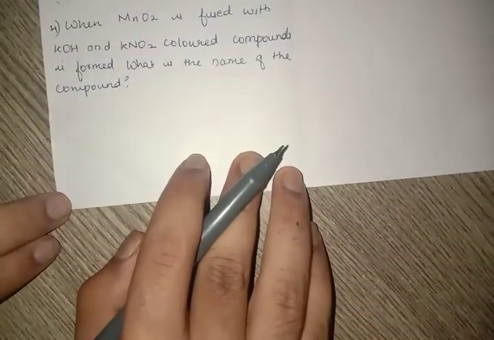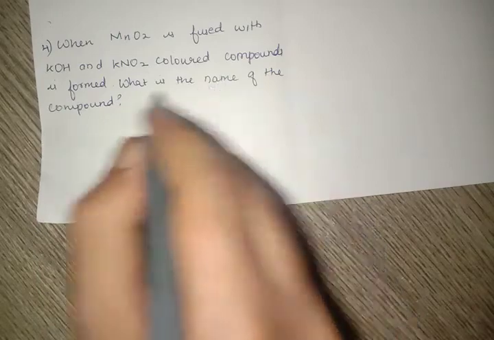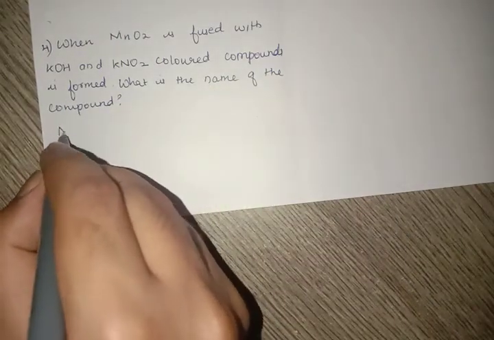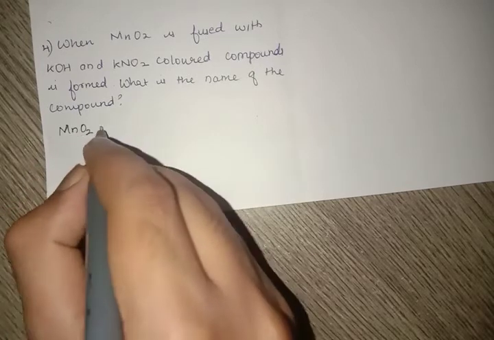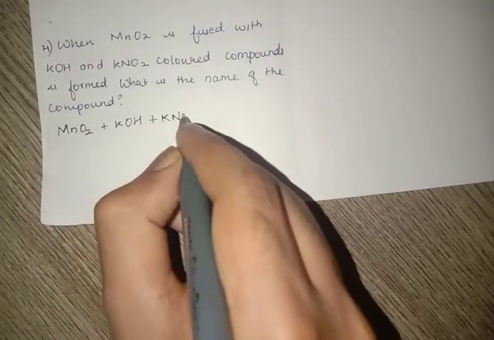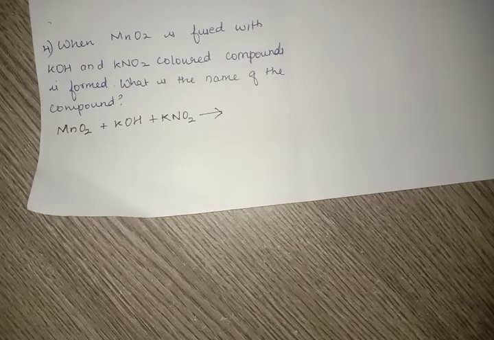When MnO2 is fused with KOH and KNO2, colored compounds are formed. What is the name of the compound? So it is given that MnO2 plus KOH plus KNO2 gives a colored compound. So we need to find what the name of the colored compound is.